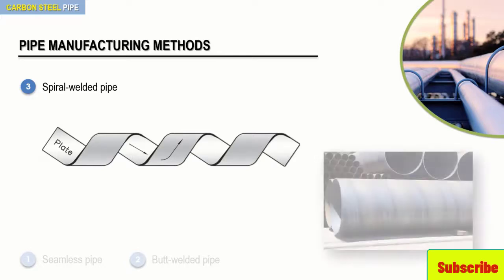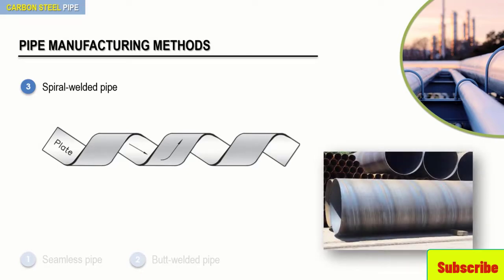And here you can see the end result, a typical spiral welded pipe. Keep in mind, this type of pipe is restricted to piping systems using low pressures due to its thin walls.